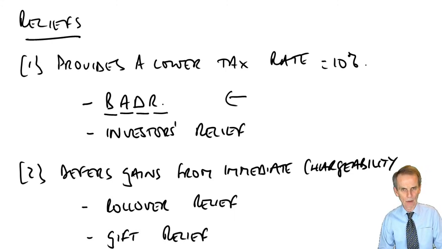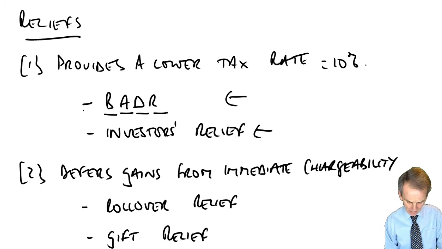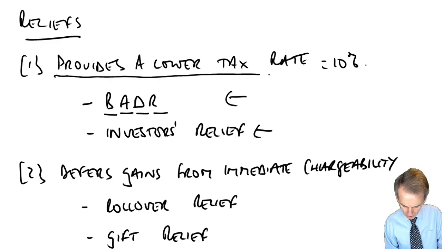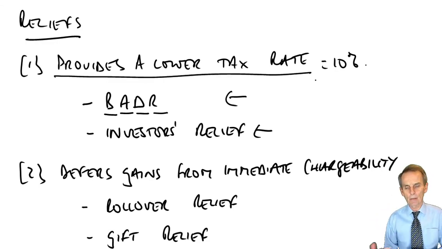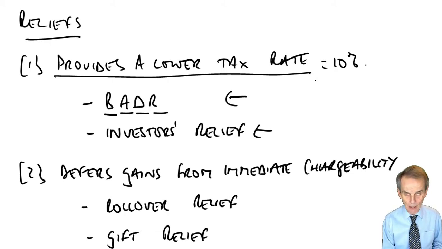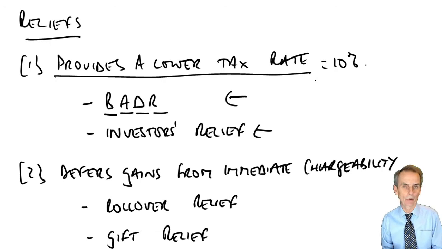And this relief, along with another one called Investors' Relief, these are the two within the category of reliefs that provide a lower tax rate. So they're not going to impact on the amount of gain that is taxable, but what they are going to impact on is the tax rate.